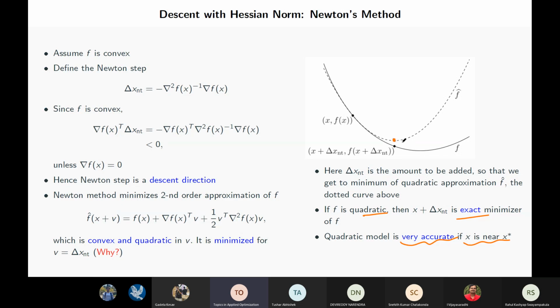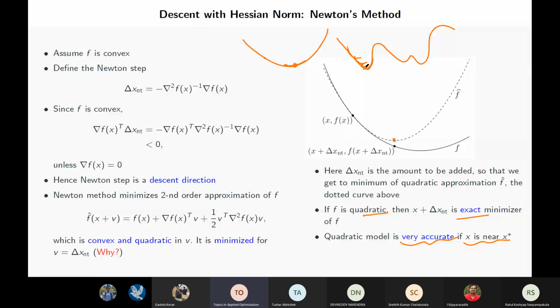For any function like this, if I am here, the quadratic approximation will look like this, and here it looks like this, but the moment I'm close, it's exactly matching.